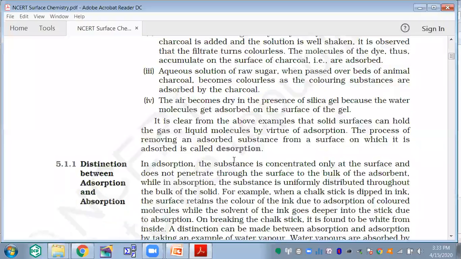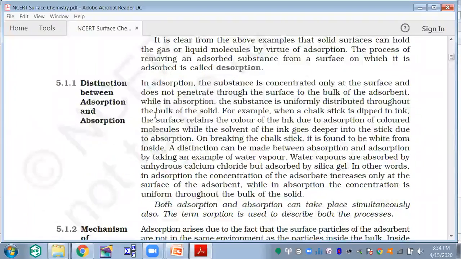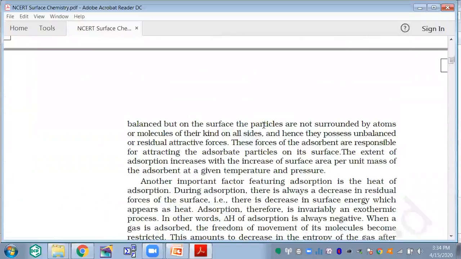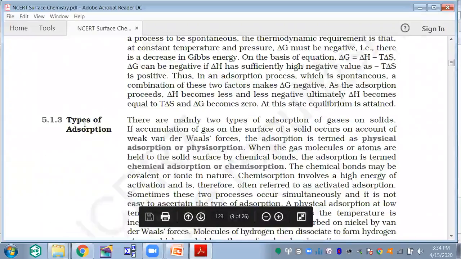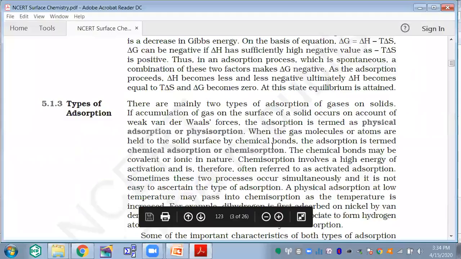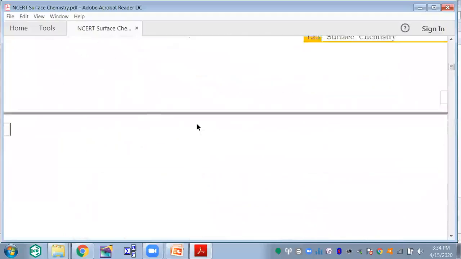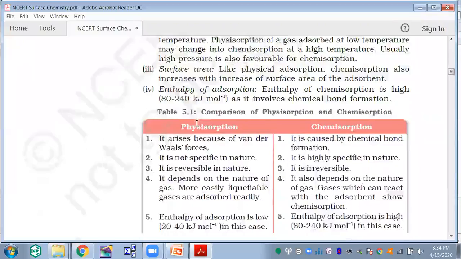They have given what desorption is, the distinction between adsorption and absorption, and the mechanism and thermodynamics behind adsorption. All these points I have summarized already. The next one is types of adsorption, physisorption and chemisorption, with the characteristics they have mentioned here. And then the summary.